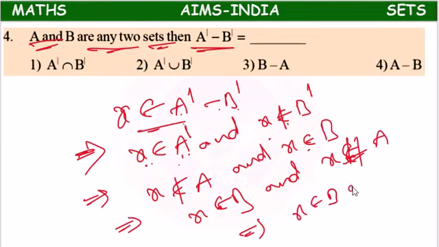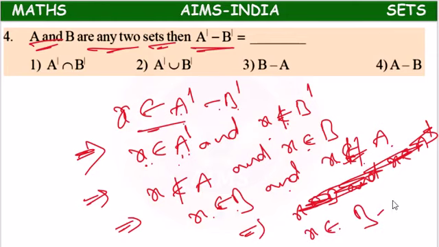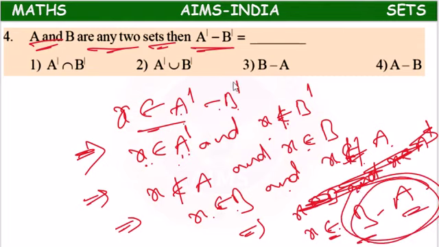So X belongs to B and X does not belong to A dash, which means X belongs to B minus A, because X belongs to only B, not A. So A dash minus B dash equals B minus A. So C option, B minus A is the correct answer.